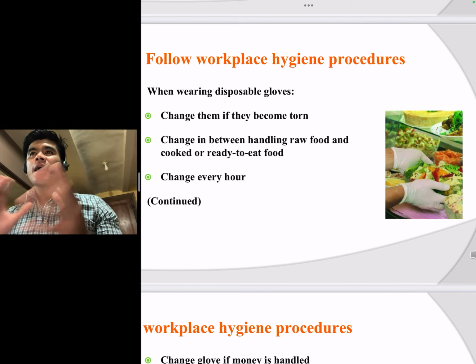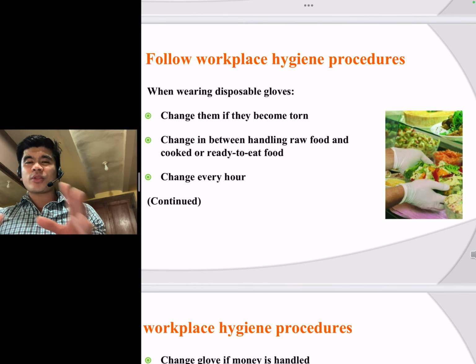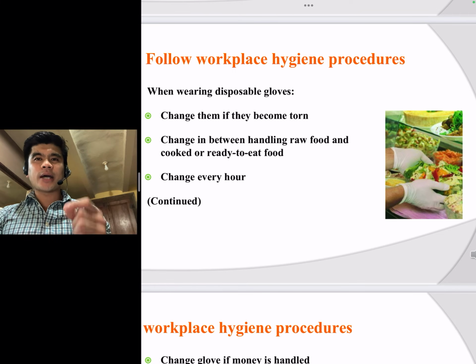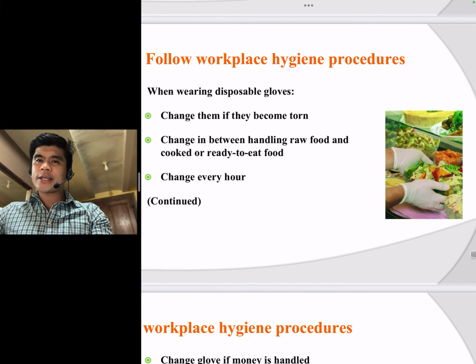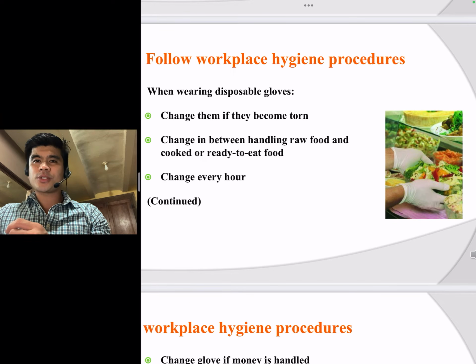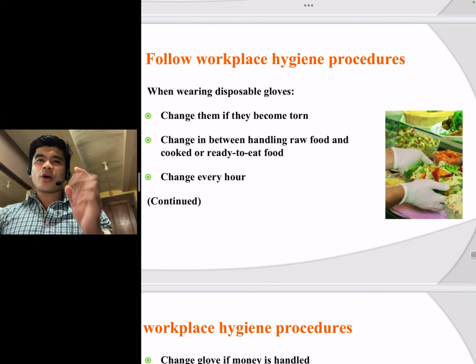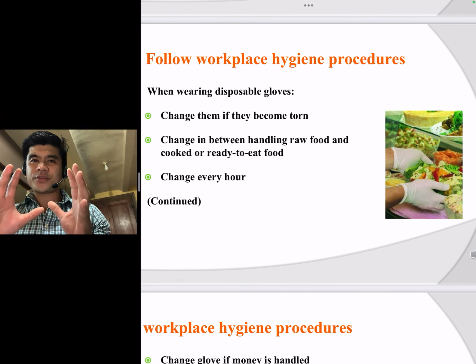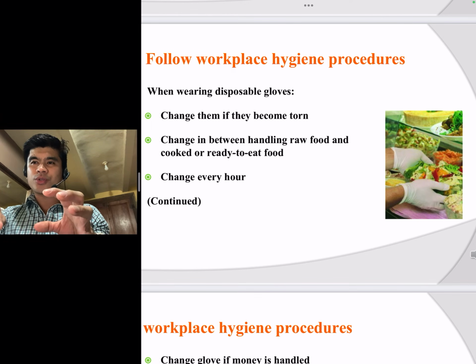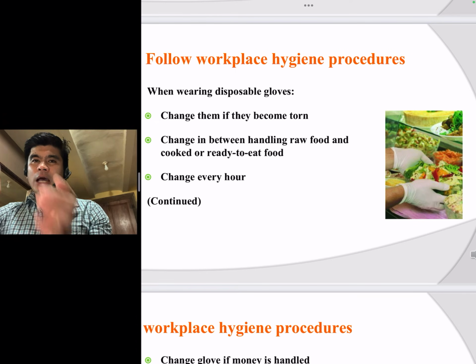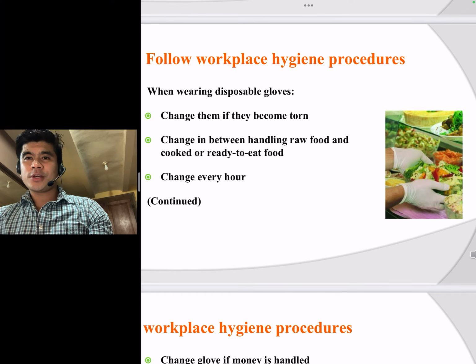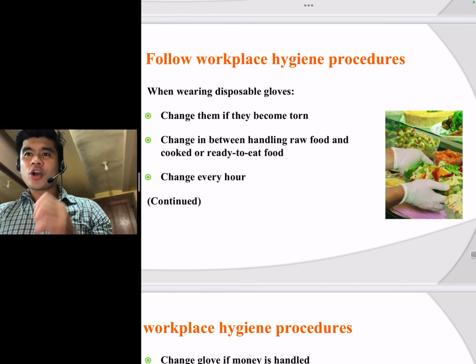Let's say I'm handling the vegetables right now. And after 10 minutes, I'll be switching to cutting the potatoes. There is no way for me to use the same gloves that I use on the vegetables or the lettuce while at the same time I'm going to shift to cutting the cooked potatoes, because that is already considered cross-contamination.